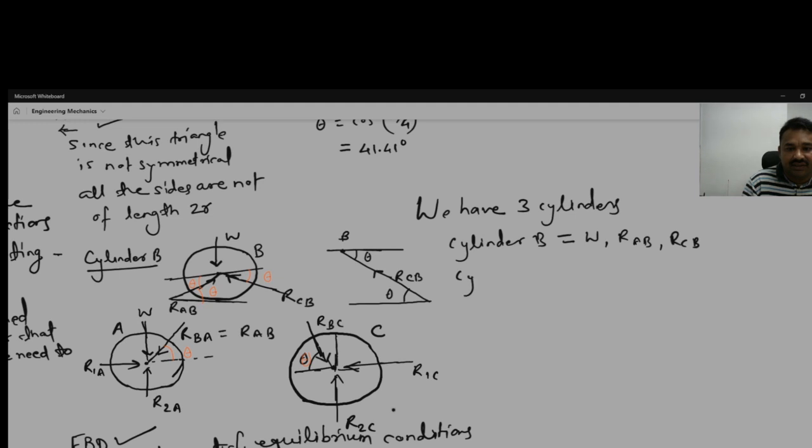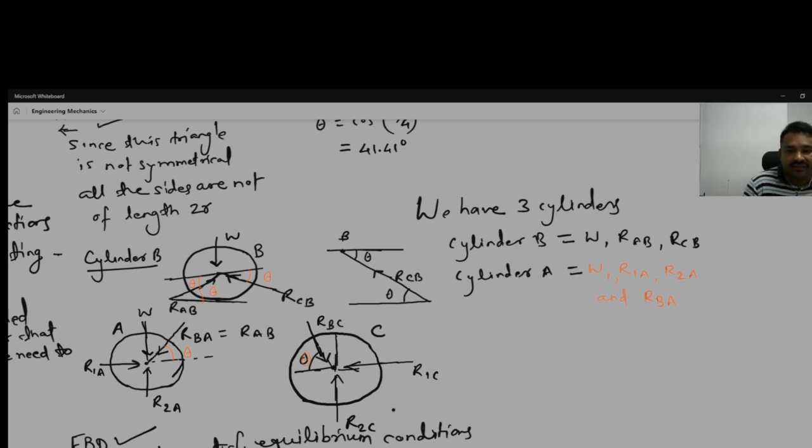What about cylinder A? Cylinder A has its own weight, then R1A, then R2A, and R BA.